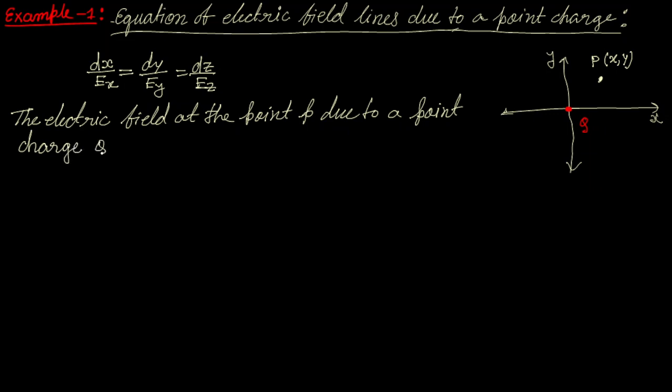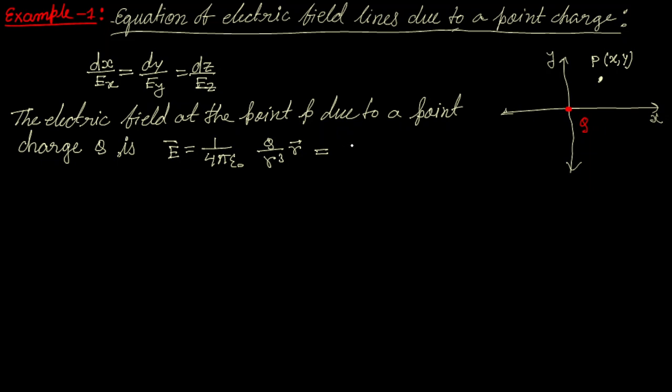Due to a point charge Q, the E vector is equal to... so how can we write this electric field? 1 by 4 pi epsilon naught Q divided by R cube into R vector, where this R vector is the position vector of this P with respect to origin.